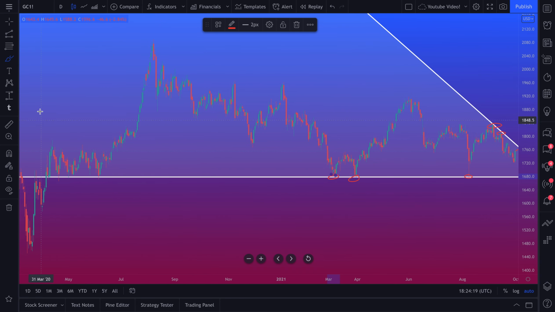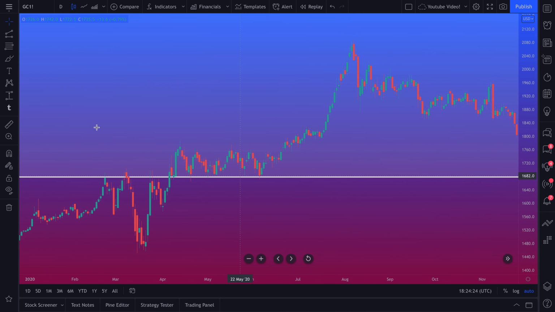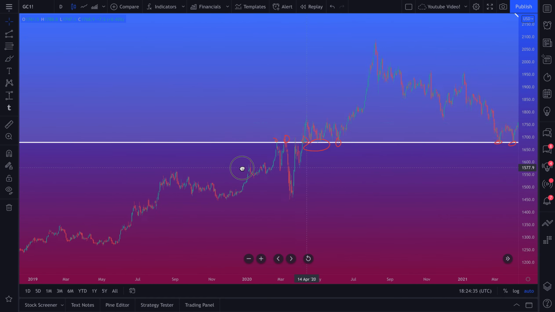And then what's so cool about this is you can zoom out in time and see if this line has played any important role before. And it has. Look at all of these levels here. Super interesting. And then let's go back to where we are now.